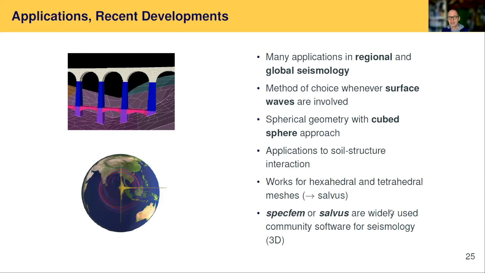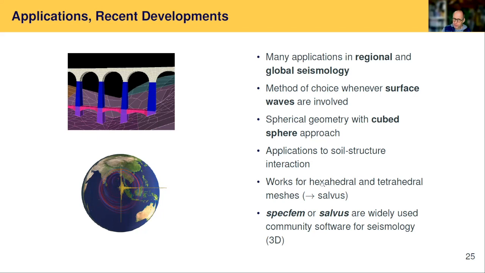Okay, and final statements. The many applications: regional and global seismology, probably, at least in seismology, not so much in exploration. Spectral elements is the method of choice whenever surface waves are involved. Exploration doesn't need surface waves. There's a very clever combination with a cubed sphere for global applications, and solid-structure interactions.